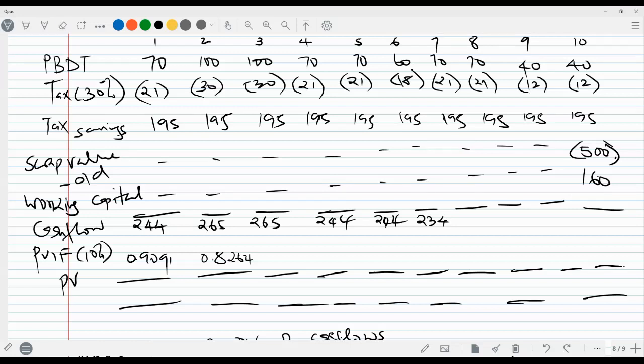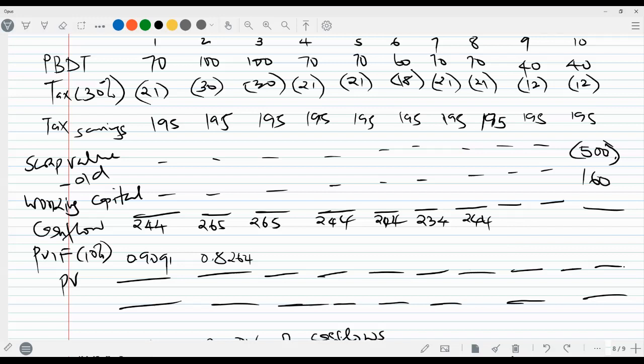Year 8, 237. And maybe there's a problem because year 7 and year 8 seem to be the same. Year 8 is a problem because it's the same as year 7, so it should be 244 also.